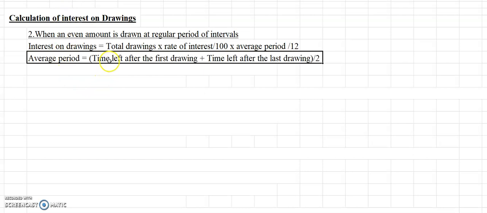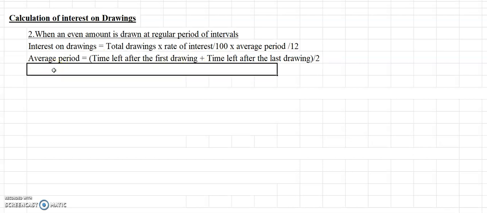Average period is equal to time left after the first drawing, which is 12 because January 1st it is withdrawn, plus the time left after the last drawing. Last drawing will be on 1st December, so from there 1 month is left. So 12 months plus 1 month by 2, we will get 13 by 2, that is 6.5. 6.5 is the average period, divided by 12 we have to do.